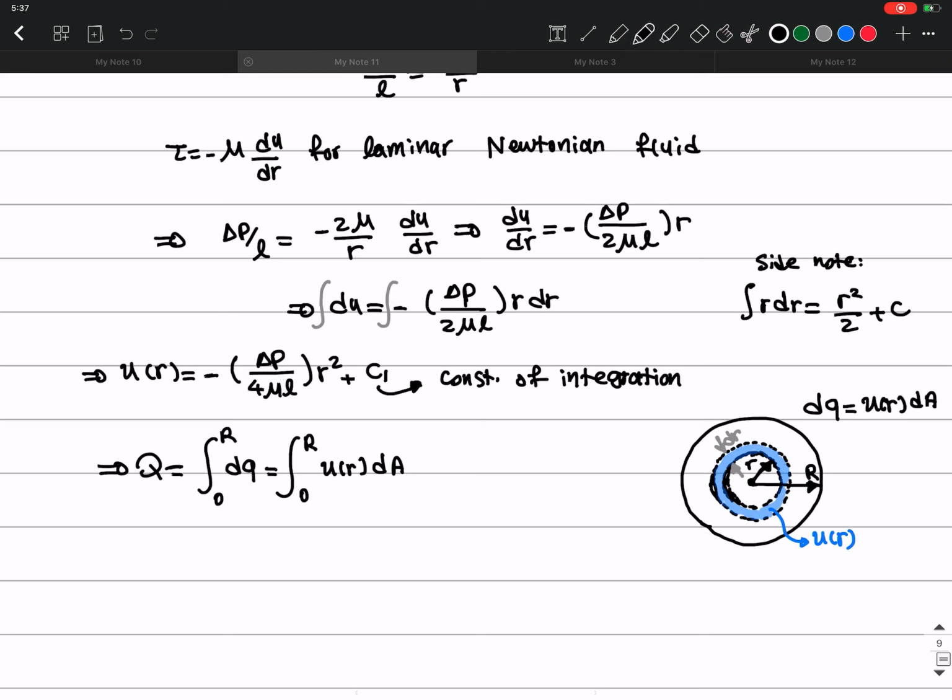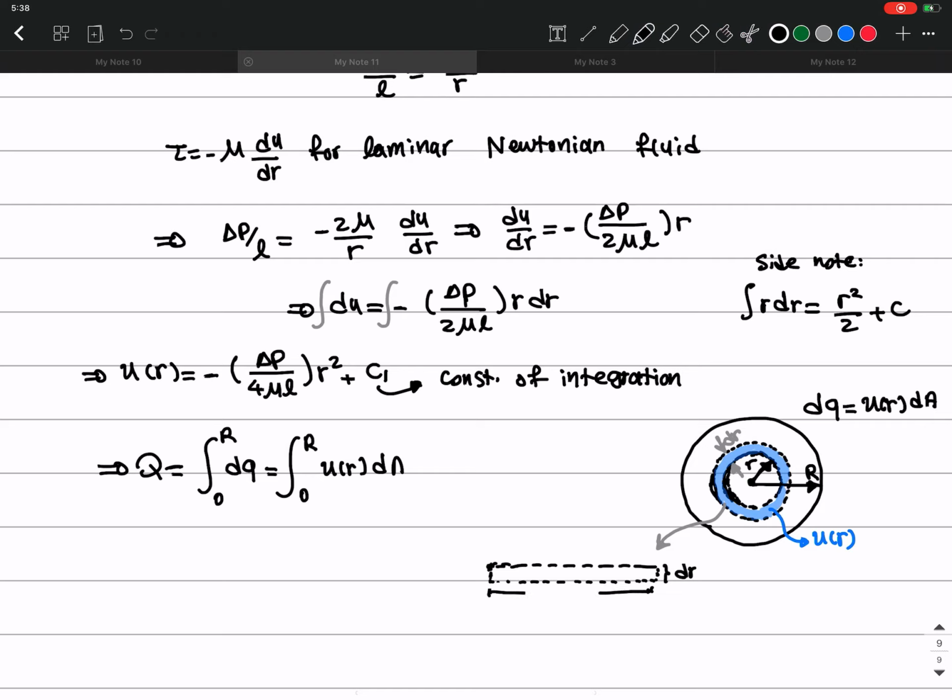If I want to spread it on a surface, I have something like this. It will be like a rectangle. It's a small thing, so I can just assume that this is still going to remain as dr. This length is dr, and this length is what?